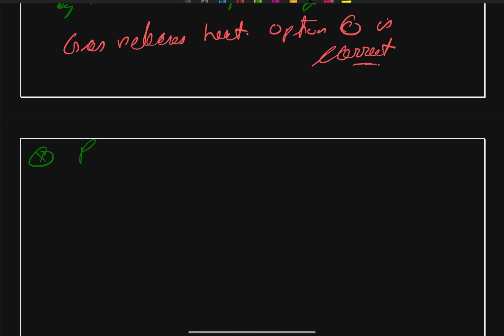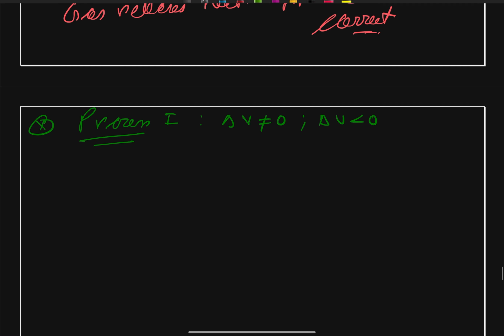So we have process 1, and obviously there is change in volume, so we can say delta V is not equal to 0, and specifically we can say that delta V is less than 0. Therefore, from here at least we can say it is not isochoric.